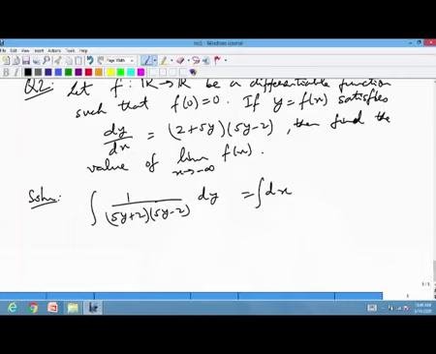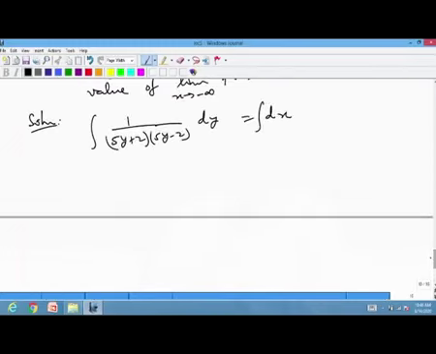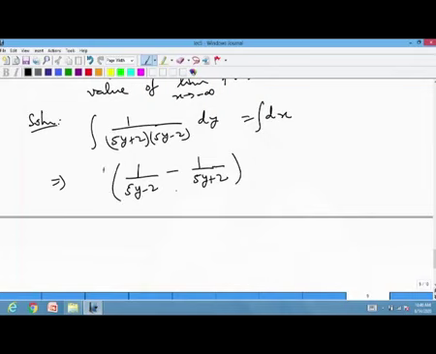Now, this can be written in partial fractions. This implies we can write this as 1 by 5 y minus 2 minus 1 by 5 y plus 2. If we do, then we get in the numerator 4. So, 1 by 4 times this is equal to the integrand here. So, this dy equal to integral dx.